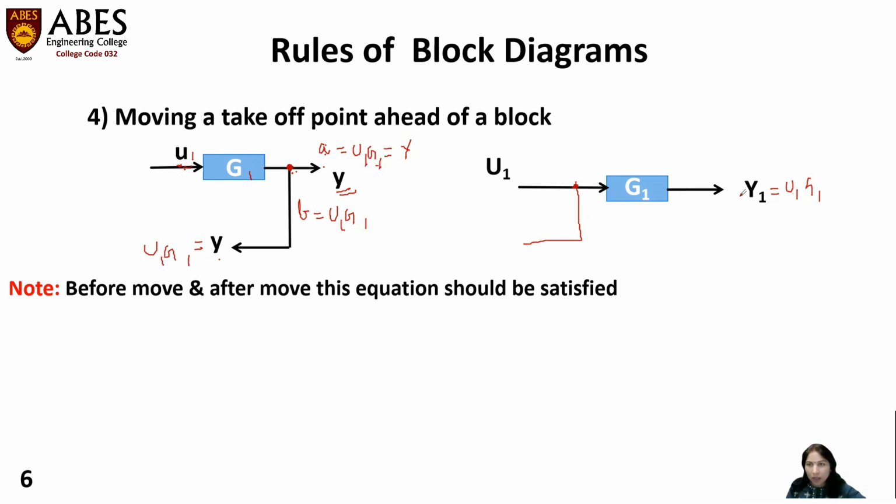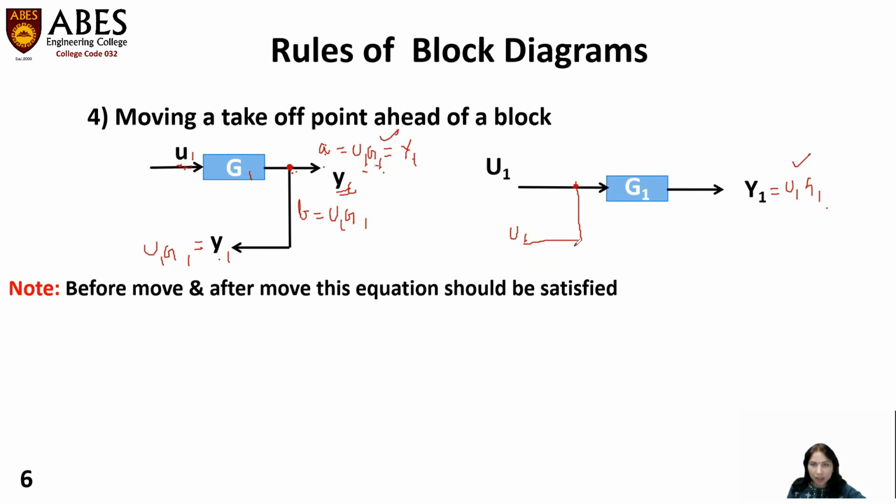Now again, after moving this block, here I am getting u1 into g1, and this signal is having the value of u1, right? Now just compare these values. So y1 value has u1 g1 before moving the takeoff point, and here the y1 value again has the u1 into g1 gain, right? So these two things are similar.